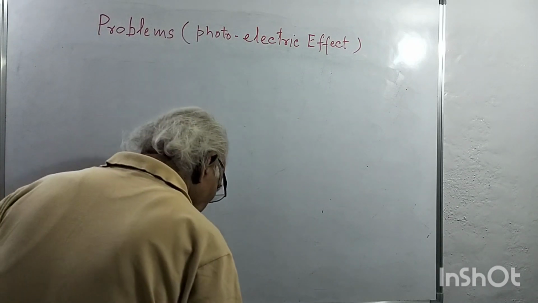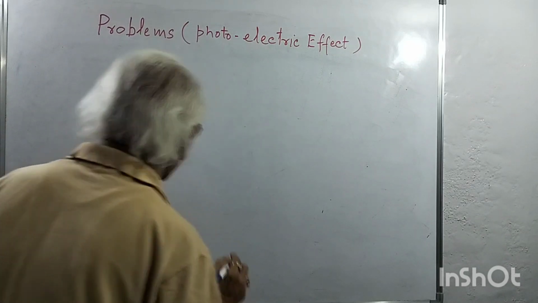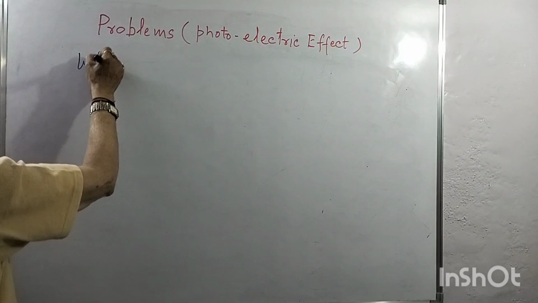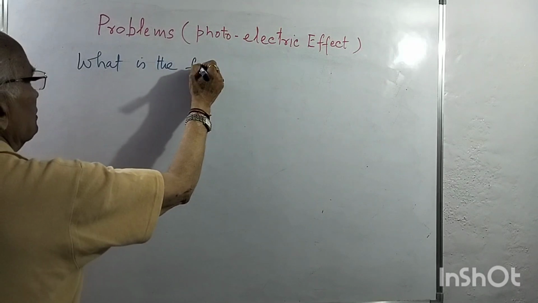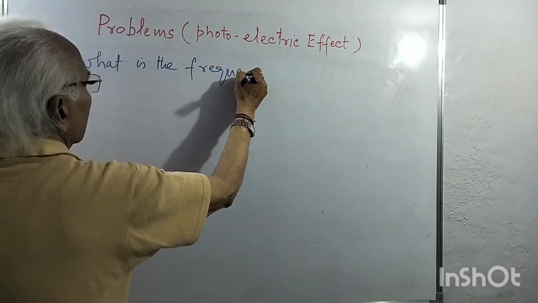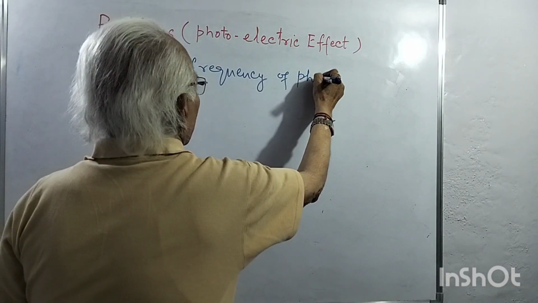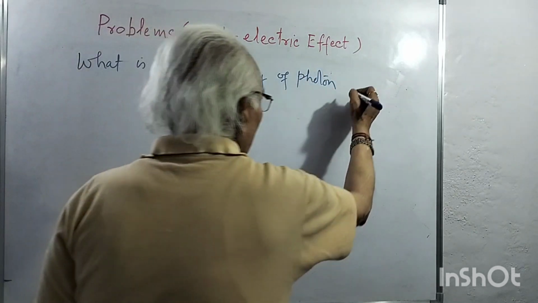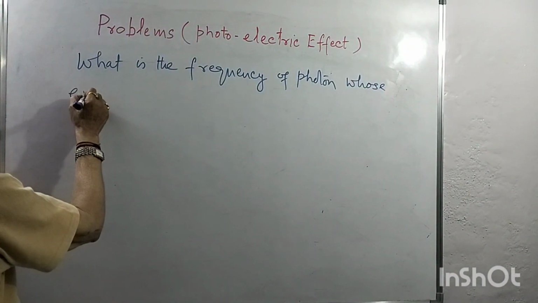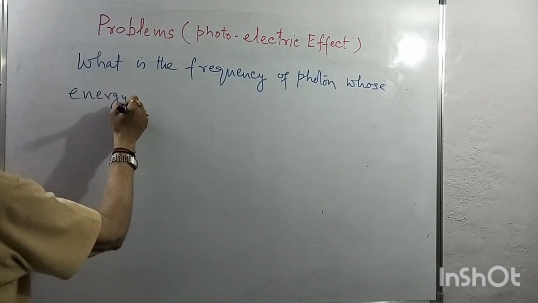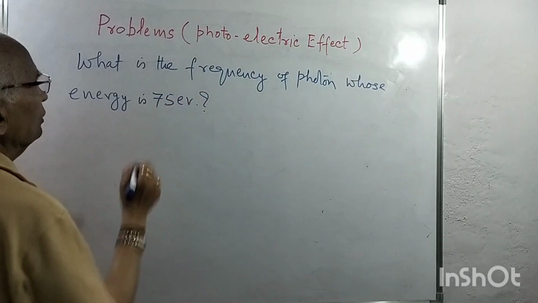Now what else? What is the frequency of a photon whose energy is 75 eV? So find out the frequency.